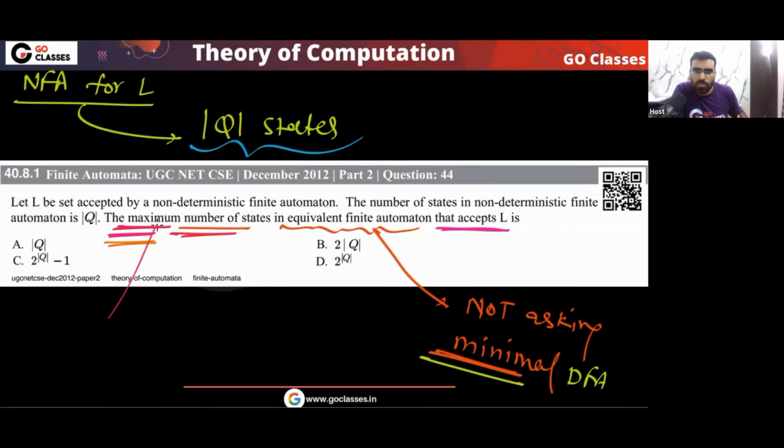There is no maximum for DFA. You can create a DFA with 1 billion states.